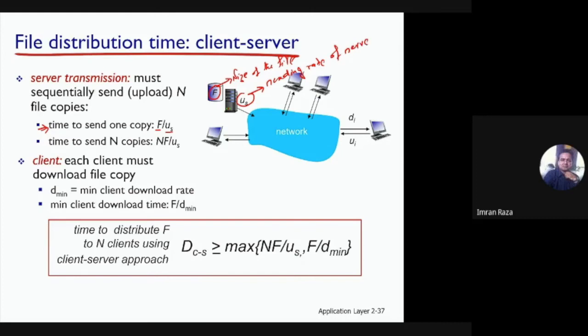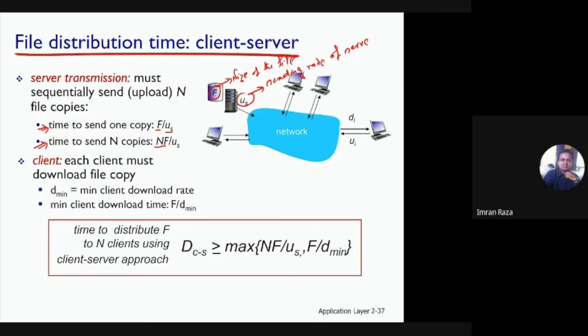So if I want to send one copy of the file to a host, how much time will it take? I will divide the size of the file by the sending rate of the server. But now, if there are n number of hosts and they want to have the copy of the same file, how much time will it take to send n copies? That is n copies divided by the sending rate of the server, u sub s.